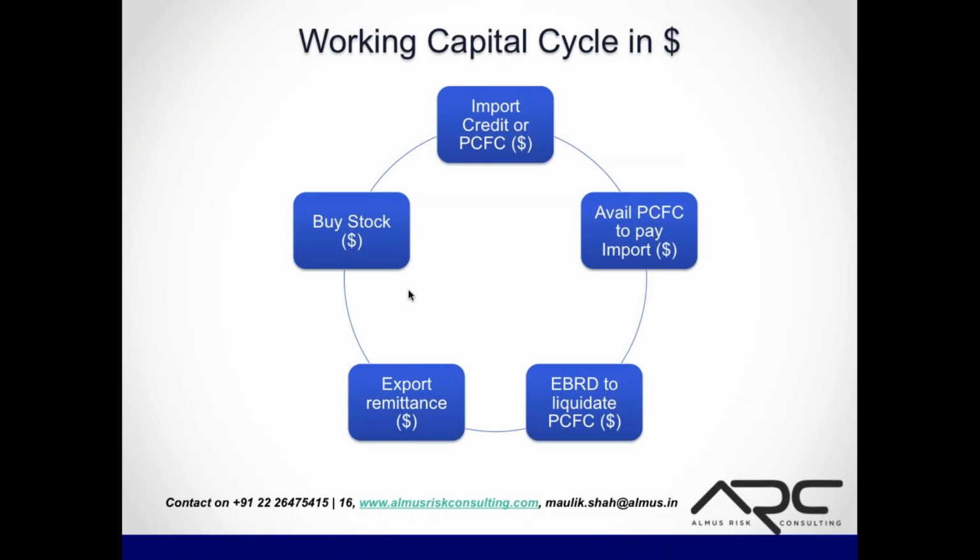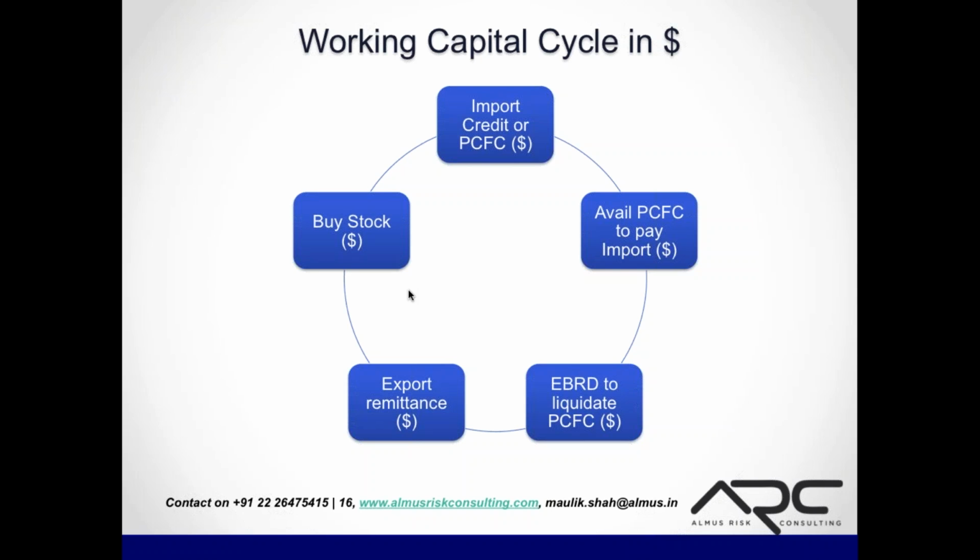So you buy stock which is in dollars. If you're not buying the stock in cash, it could be on credit, but again that is in dollars. So you have a matching stock and a matching liability. Or you could go to the bank and borrow PCFC, which is also in dollars. Once you avail a PCFC, if you had taken an import credit earlier, you will pay that off. So one dollar liability offsets the other dollar liability.